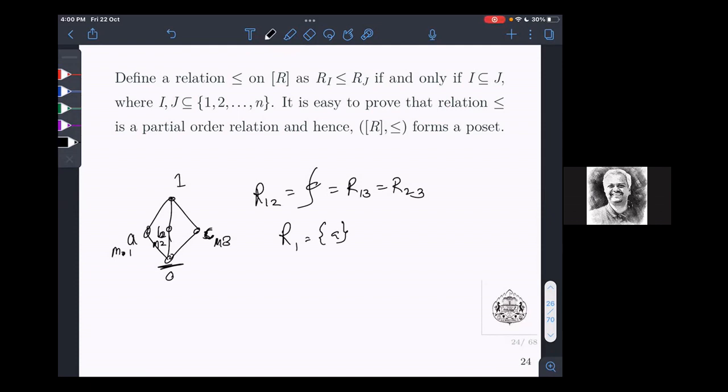You got my point? Which are the elements which are in M1? A is there and 0 is there, right? But 0 is also there in M3, so I will not take that. Likewise, I will get R1 is A, R2 is B, R3 is C.